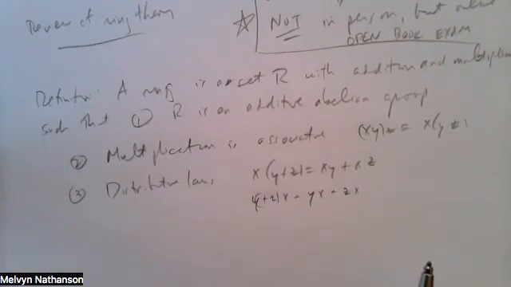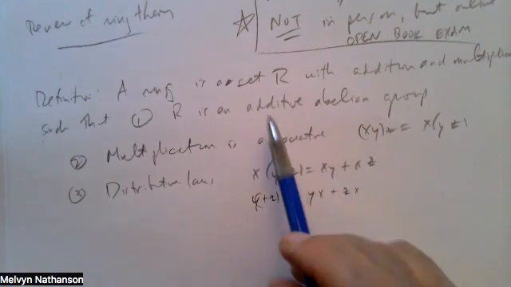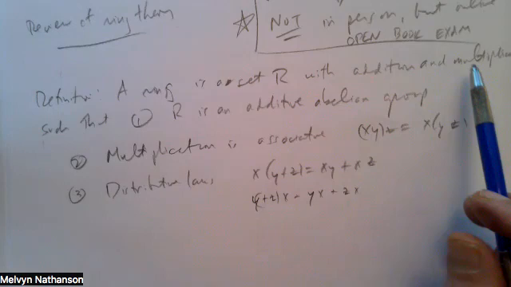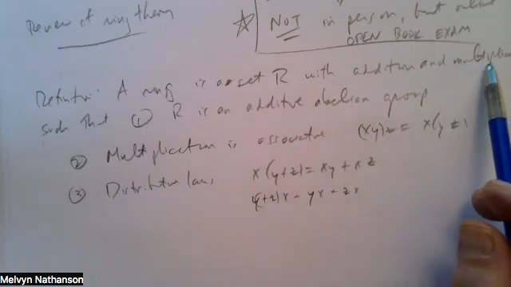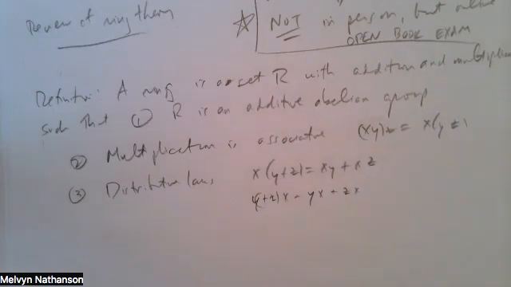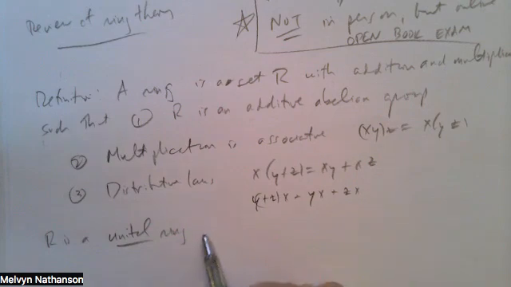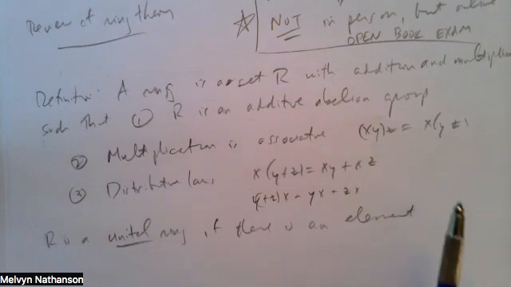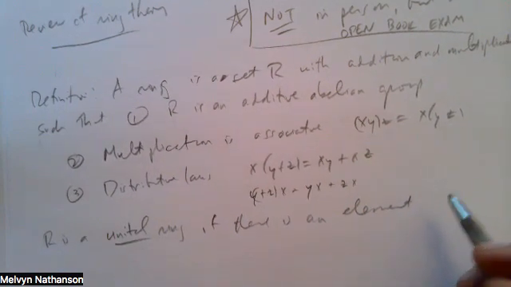You can add and you can multiply. Because R is an additive abelian group, you can subtract. But because R is not necessarily a multiplicative group, you cannot divide in general. But you can multiply. And R is sometimes called a unital ring if there is an element, sometimes denoted E, sometimes 1. Let me call it 1 today.